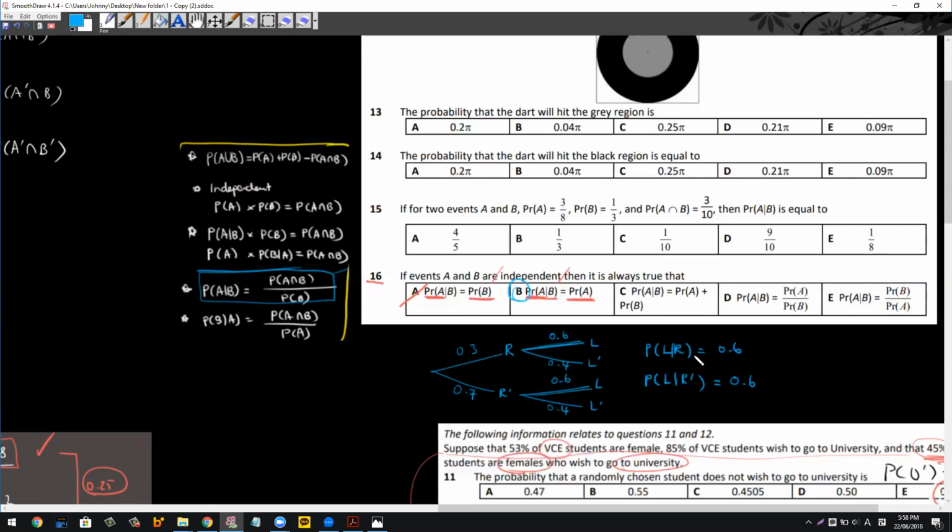So you can see that whatever these are, because being late to school does not depend on whether it's raining or not, these two are the same thing as just probability of late. There is absolutely no difference. So given raining, it doesn't matter. It doesn't help at all. It doesn't contribute at all. So that's why this is the answer. When they are independent, probability of A given B is simply probability of A.